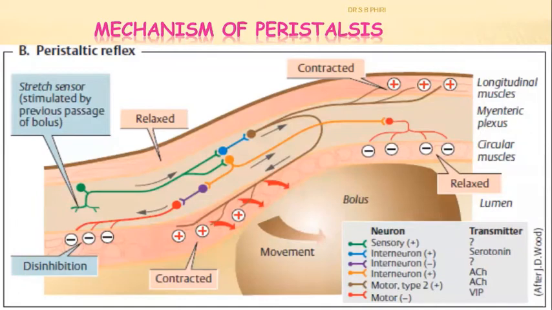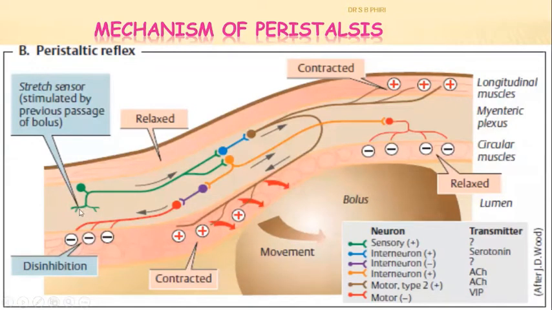I've already told you to say the stimulus is stretching. That is done by the movement of the bolus. As it was passing here, it was stretching, so the stretch sensors are going to be stimulated.